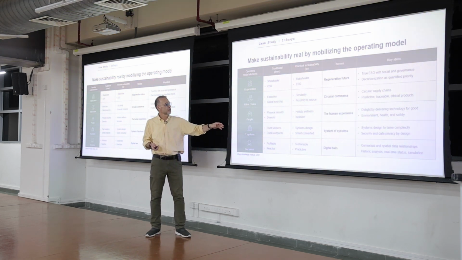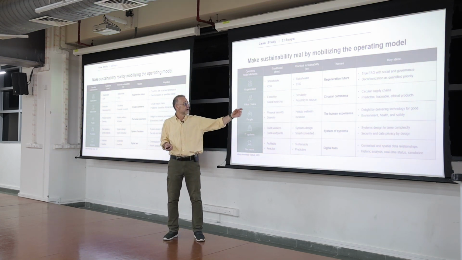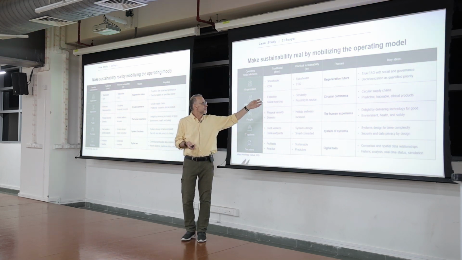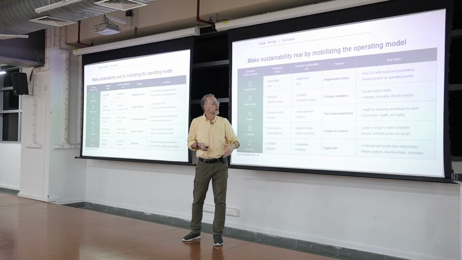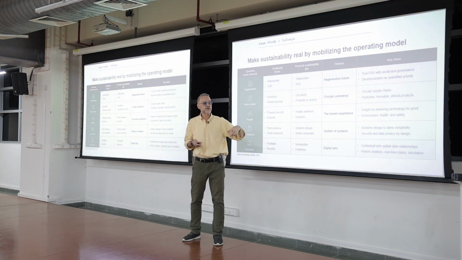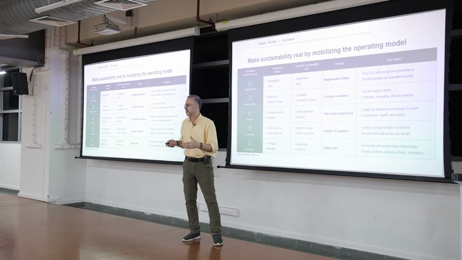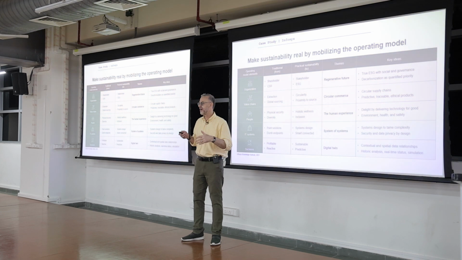So the themes that you will hear in discussions around sustainability come into play: you want regenerative futures. For me to do this, it has to be something that can work over and over again in the future, and it has key ideas: there's true measurement of ESG that has true social and governance on it. It's not just a couple of letters. You have decarbonization as a quantified priority.